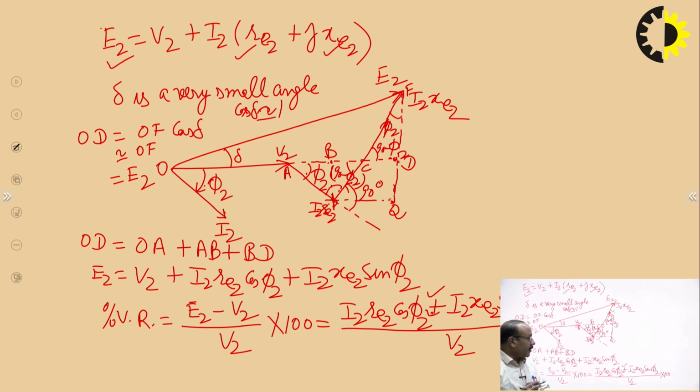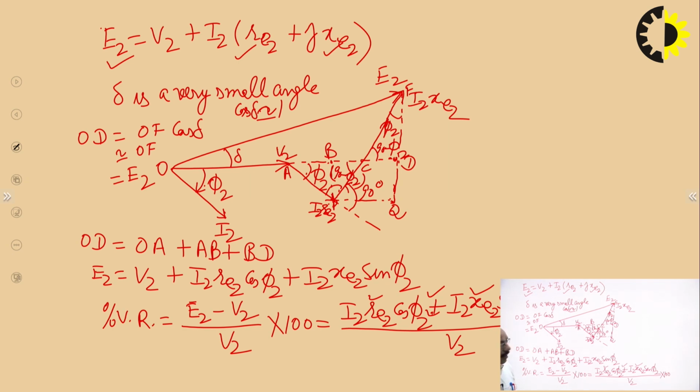In an ideal transformer, winding resistance and leakage reactance both are 0. So Re2 and Xe2 both will be 0 for an ideal transformer, and when they are 0, the voltage regulation will also be 0 for an ideal transformer.